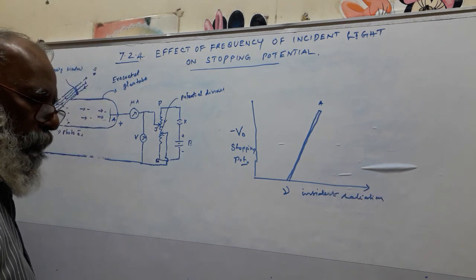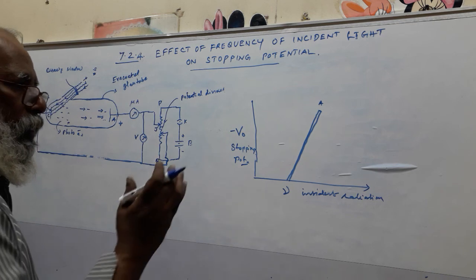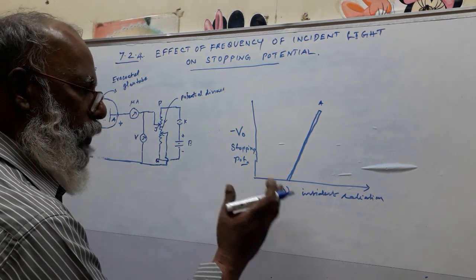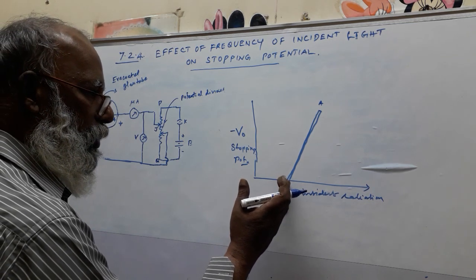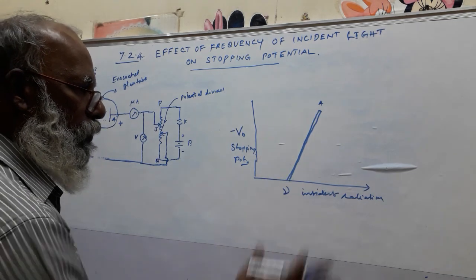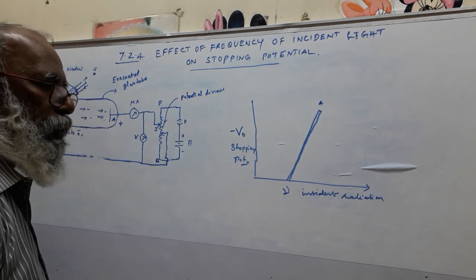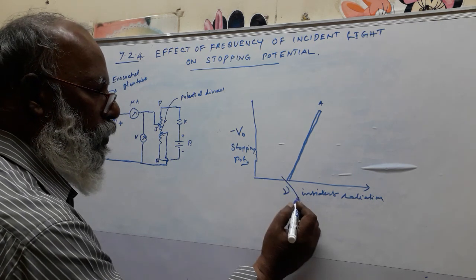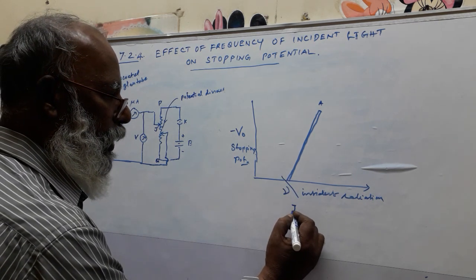That means there is a limitation of the frequency. Below this frequency, there is no emission of electrons, and that frequency is called the threshold frequency.